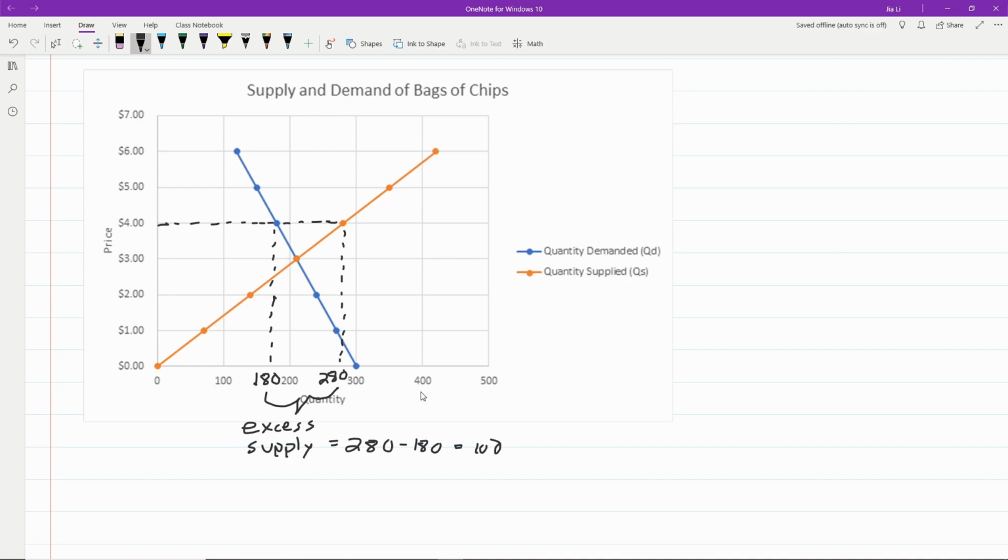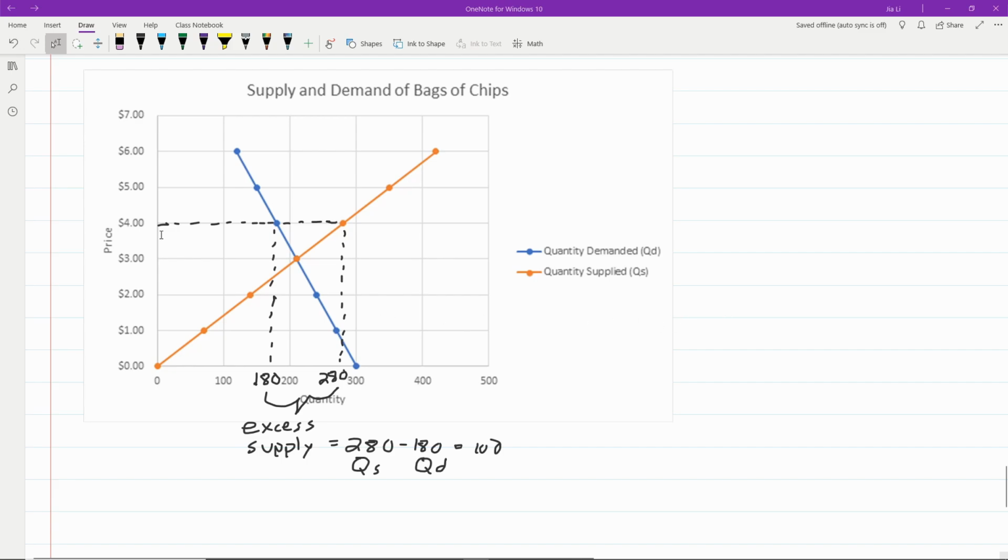The 280 comes from quantity supplied, this orange point right here, that's QS, and 180 is the quantity demanded, the blue point right here. So that's how we analyze excess supply on the graph.